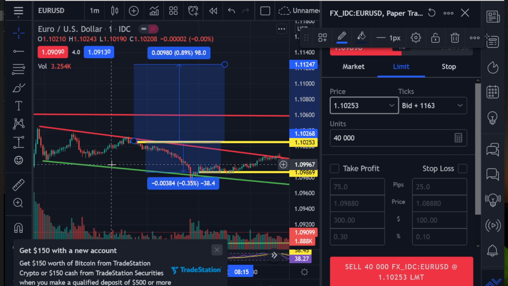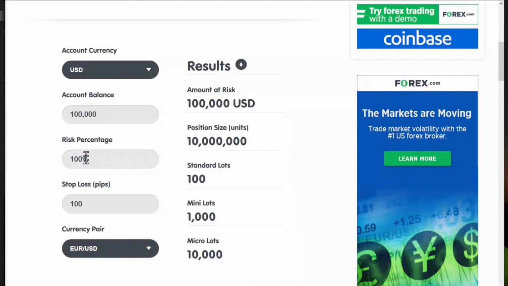So what I'm saying now is the amount of profit we think we'd like to make is less than what we're going to allow ourselves to lose if we allow this thing to go 100 pips in the wrong direction. So obviously 100 pips is too much for us.